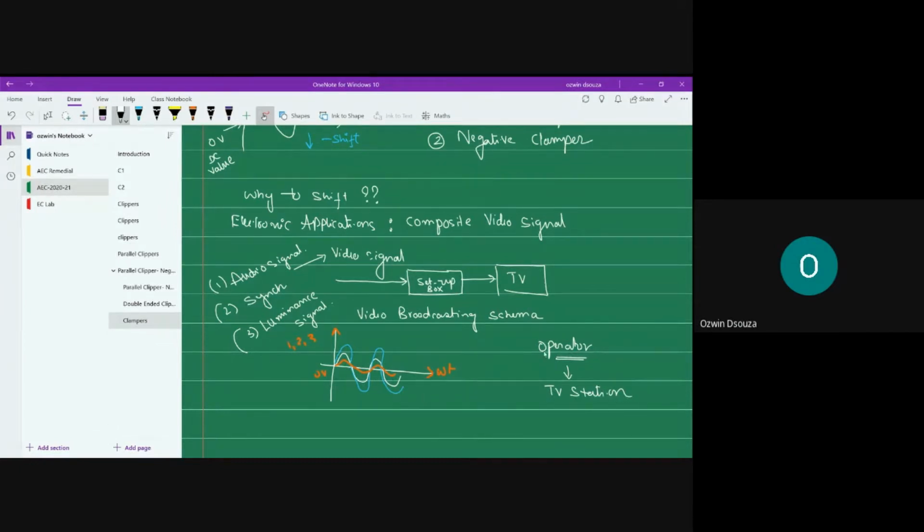That's because the operator need not be an electronics engineer. The operator could be a layman. Normally the operators are laymen. So they will not understand what the amplitude of the audio signal, sync signal, luminance signal, etc. should be.